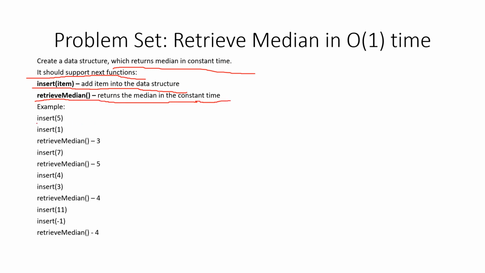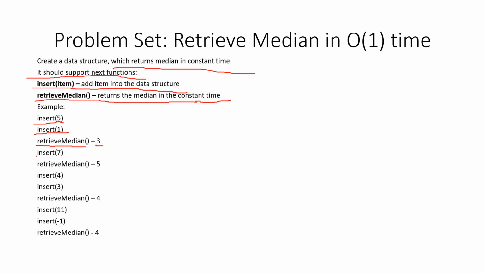So first you put 5 into some data structure, then you insert 5, and when you call the function retrieve median, it should return 3 because you have two elements and the count is even, and that's why you need to return 3.